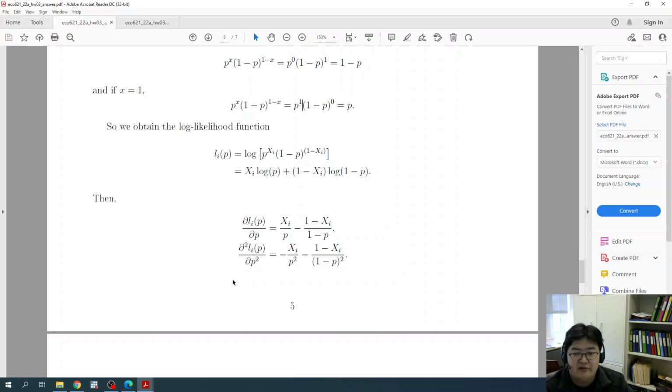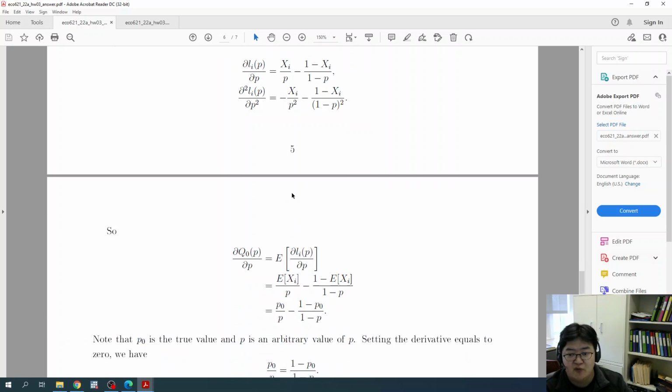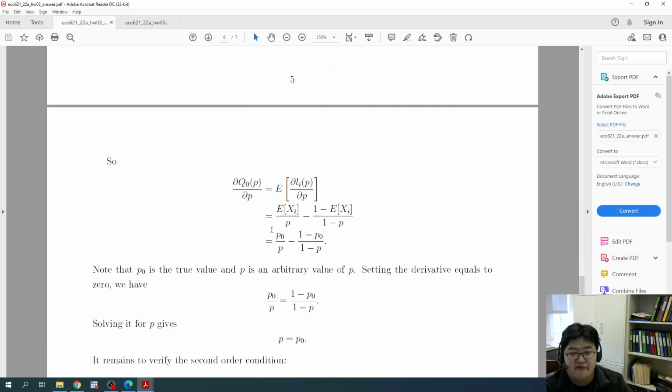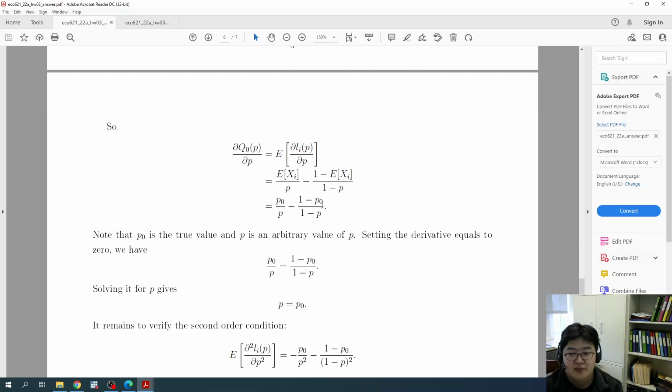And then differentiate, right? Log p differentiated, this derivative becomes 1 over p, right? Straightforward calculus. And the first order condition, by the way, I distinguish the true value and an arbitrary value.